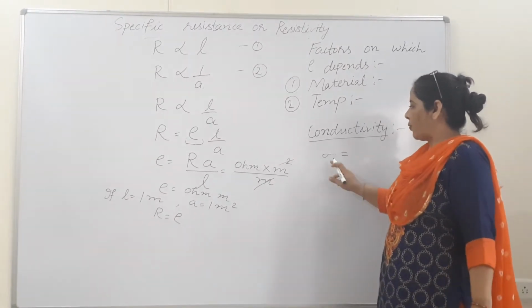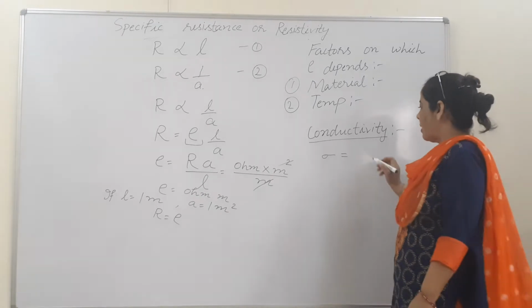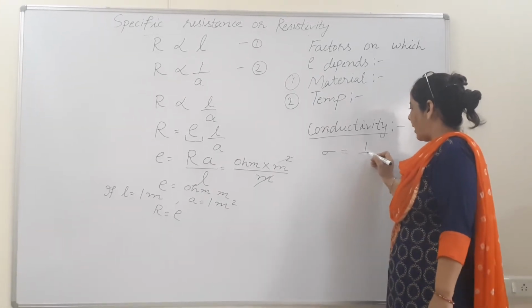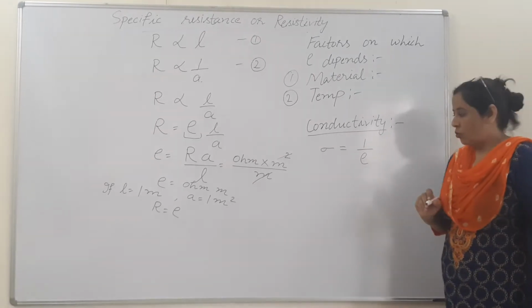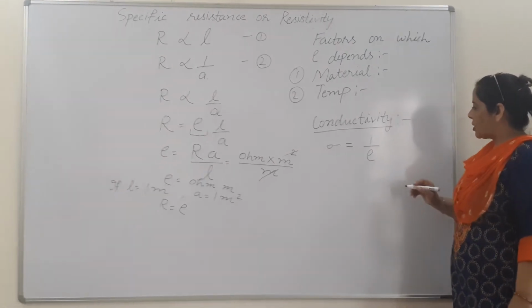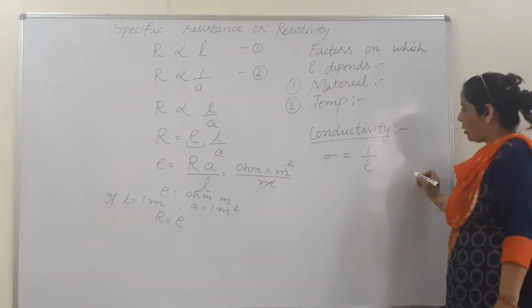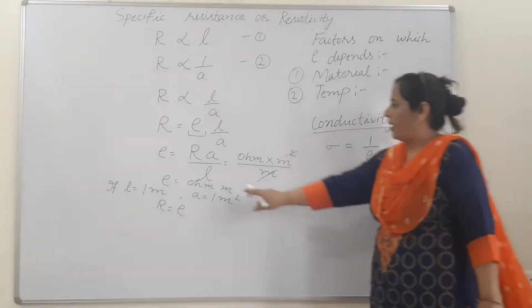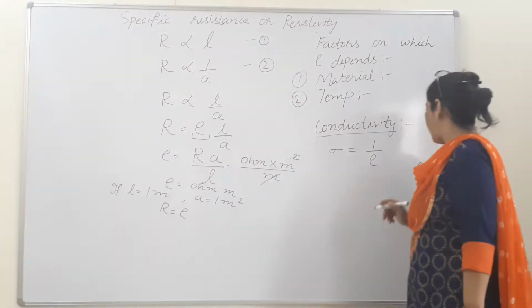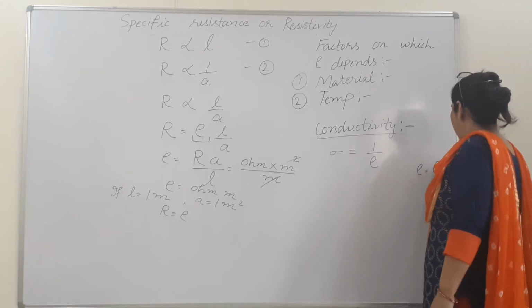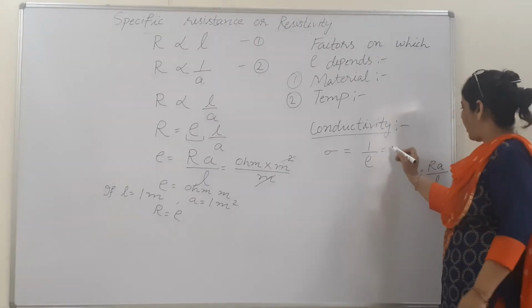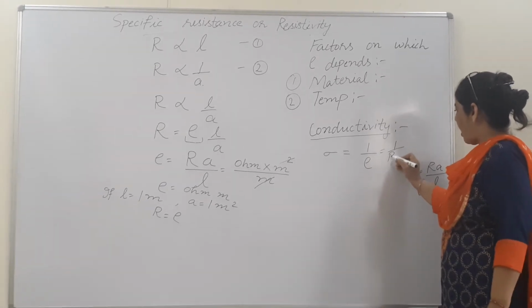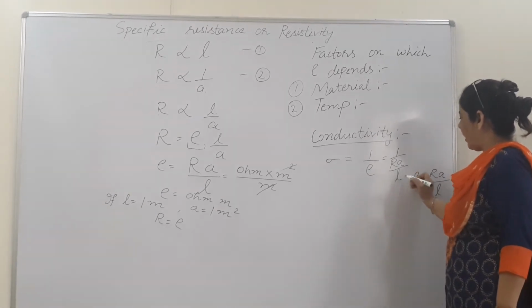Conductivity is the reciprocal of resistivity. So what is the resistivity formula? From here you can say rho is equal to RA by L. Now you can substitute here 1 divided by RA divided by L.